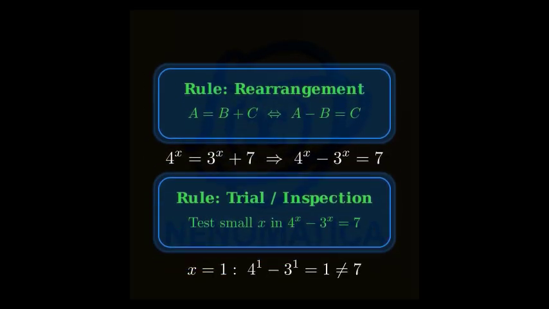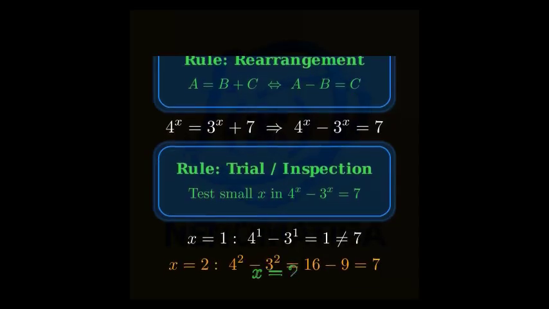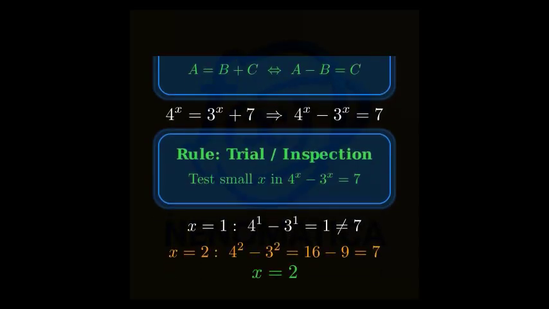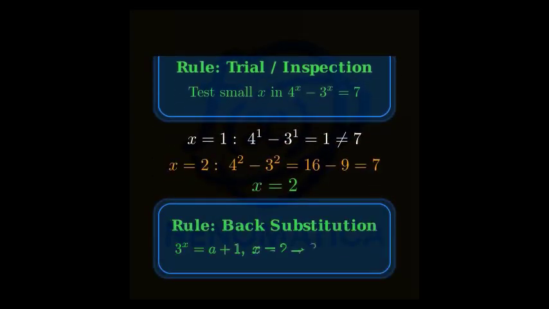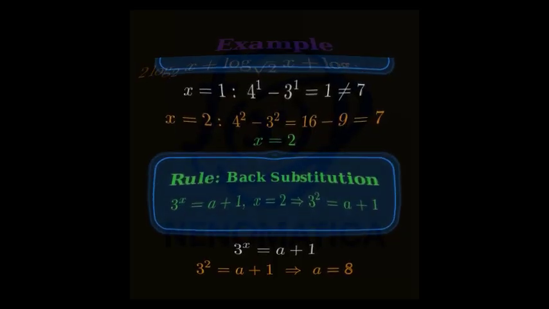For x equals 1, the left side is 1, which is not 7. For x equals 2, the left side is 16 minus 9, which equals 7, so x equals 2 works. Step 5. Back substitute into 3 to the x equals a plus 1 to find a. Use back substitution. 3 to the 2 equals a plus 1, so a equals 8.